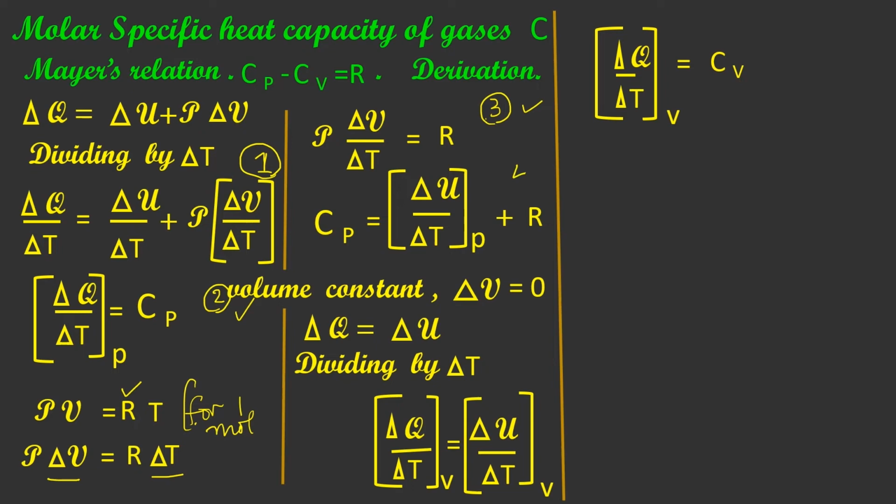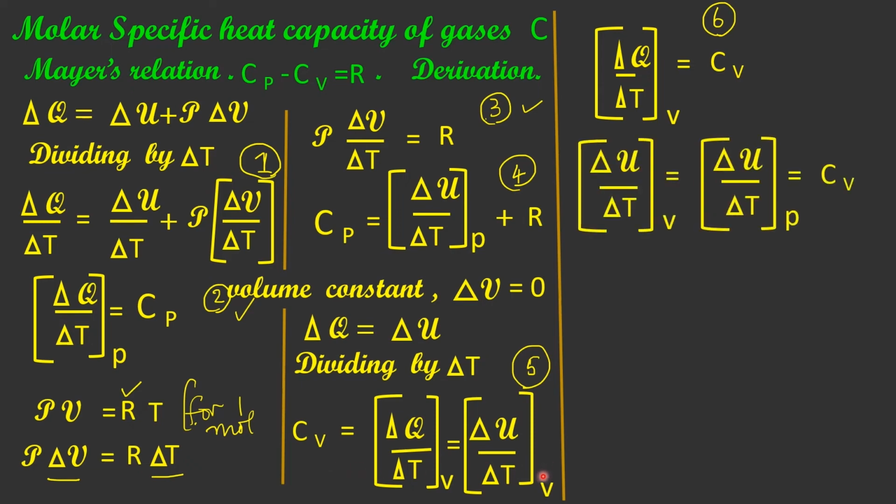Let us mark this one as equation 4 and this one as equation 5 and this one as equation 6. So we can substitute this equation 6 in equation 5. How does the equation change? Cv is equal to delta Q by delta T at constant volume, is equal to delta U by delta T at constant volume. Equation 5 has changed here.